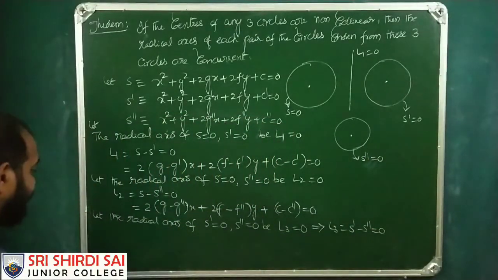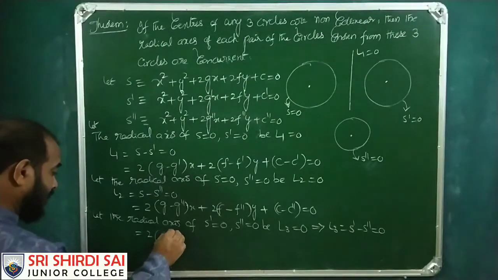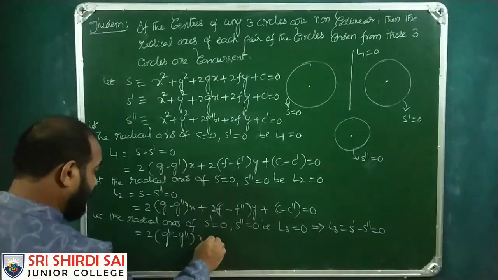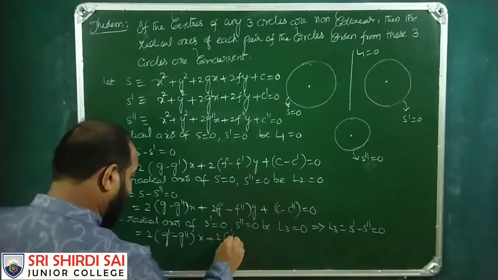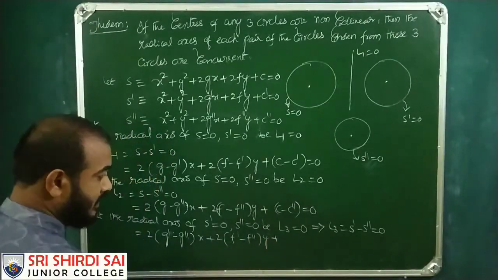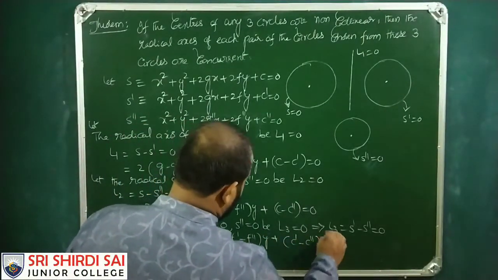That is 2 into g dash minus g double dash x plus 2 into f dash minus f double dash y plus c dash minus c double dash equals to 0.